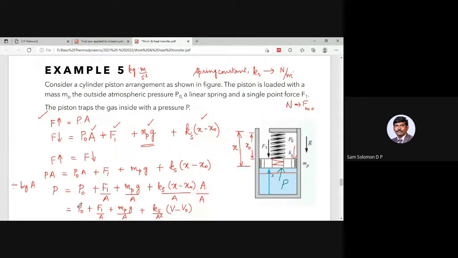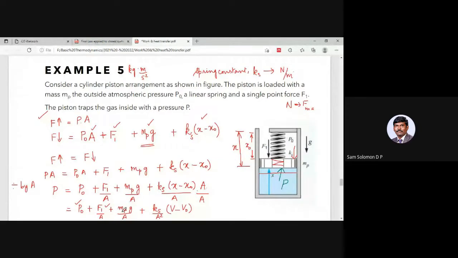Okay, and if you look at this, assuming that the atmospheric pressure is not going to change, we all know it is 1.013 bar, so this guy is almost constant. And this is a single point acting force, and they have not mentioned it as a varying force, it is also constant.